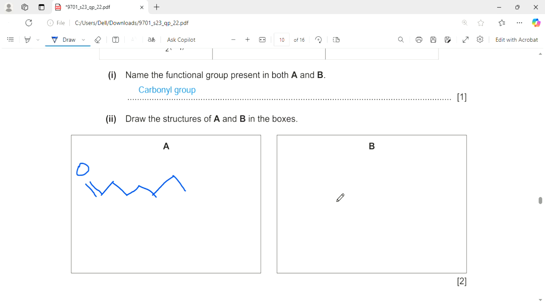C5, so 1, 2, 3, 4, 5. It must be a ketone, just like this. So this is the case.